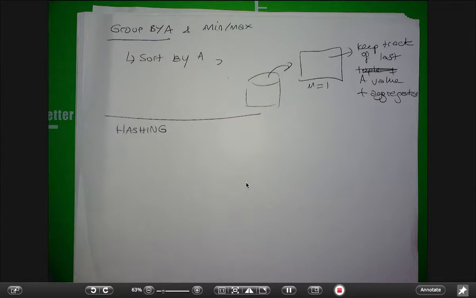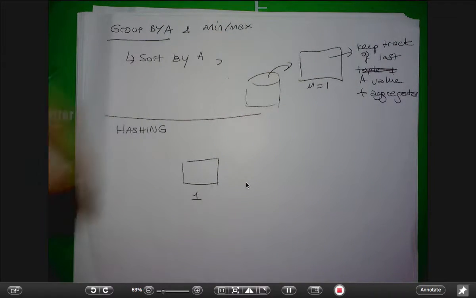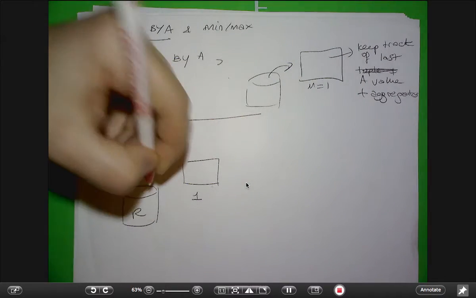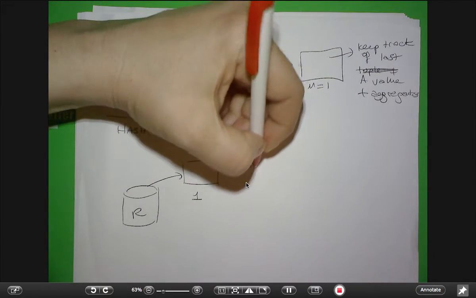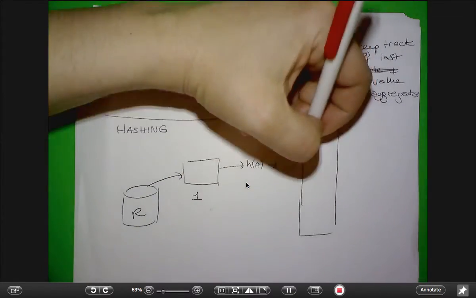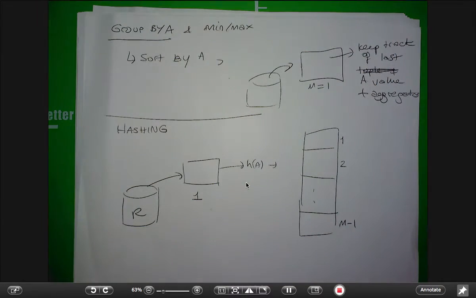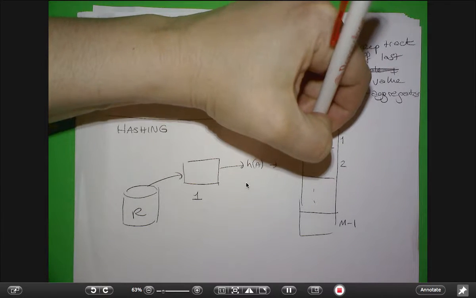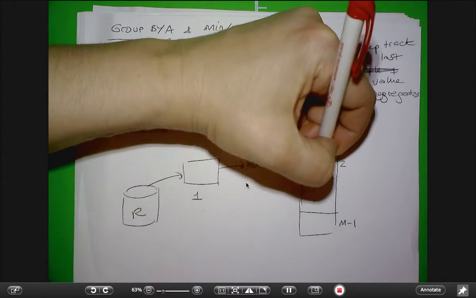So the idea is that you would have one disk page for reading the relation R, and then you hash on some attribute, depending on what you're doing, into m-1 blocks here. So take the tuple, read the tuple, decide on which of these memory blocks it goes, and put it in that block. Do the same thing for this one.